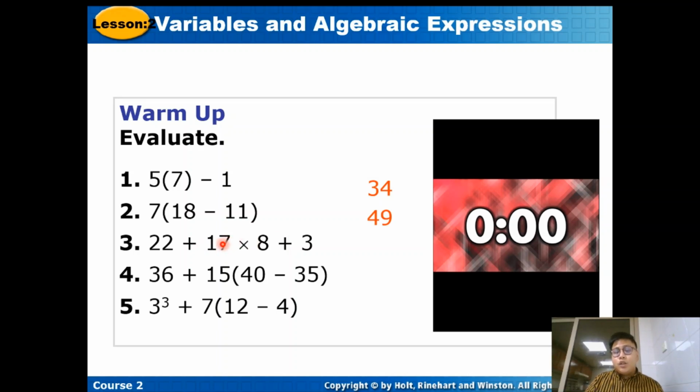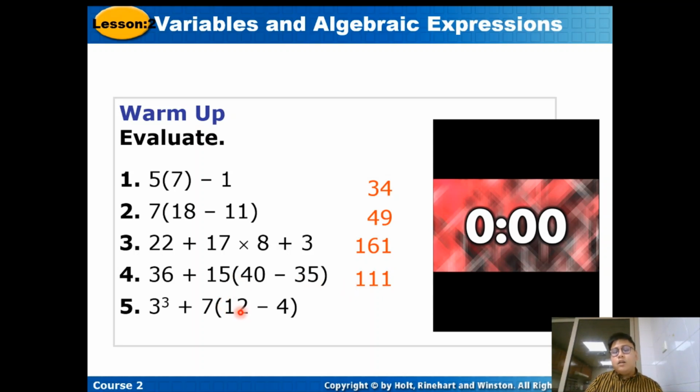Next, you do multiplication. 17 times 8, then add 3 and add 22, and the answer is 161. For the next one, what you're going to do is to do what is inside the parentheses. 40 minus 35 is 5, multiplied by 15 is 75, then add 36, that's 111.